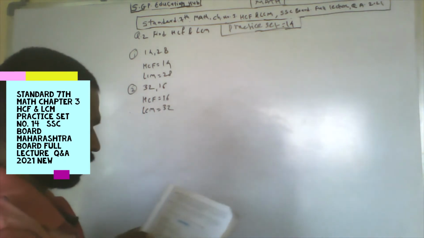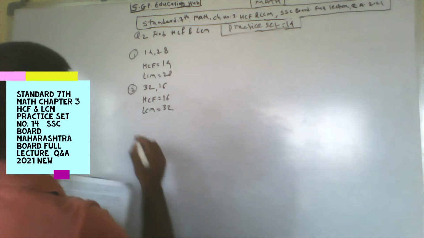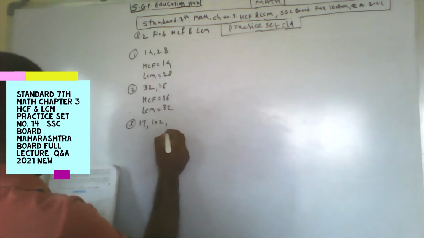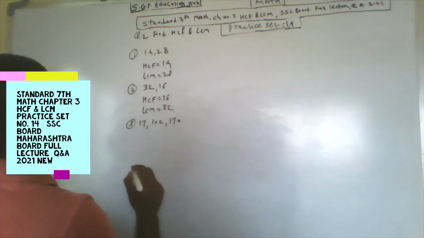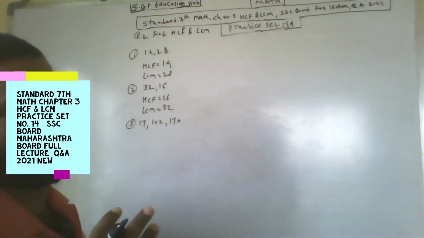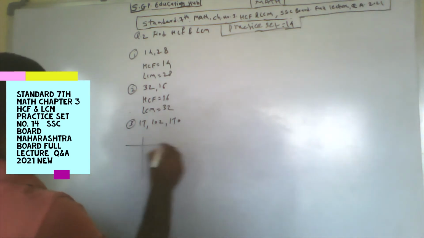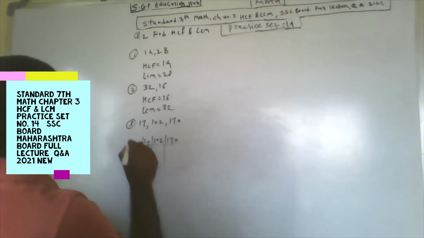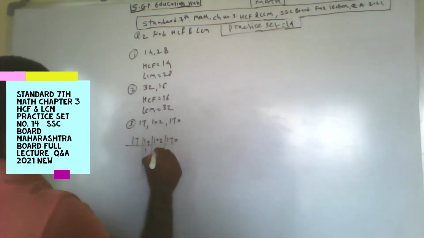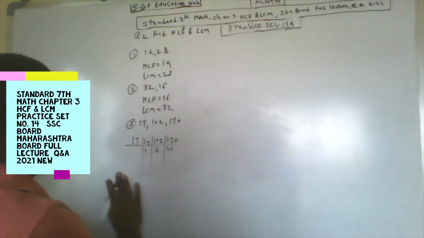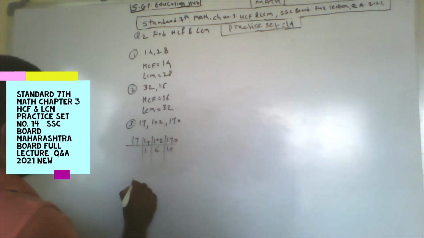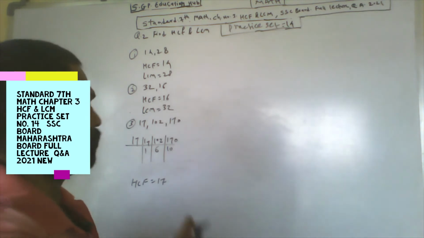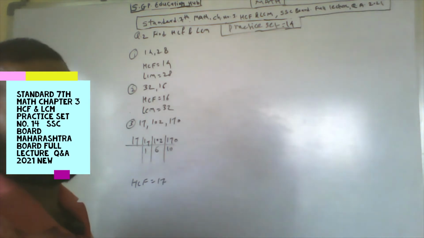Now third is 17, 102 and 170. All three numbers come in the 17 table. So 17 ones are 17, 17 sixes are 102 and 17 tens are 170. The HCF is 17, because 17 is a common factor of all three given numbers.